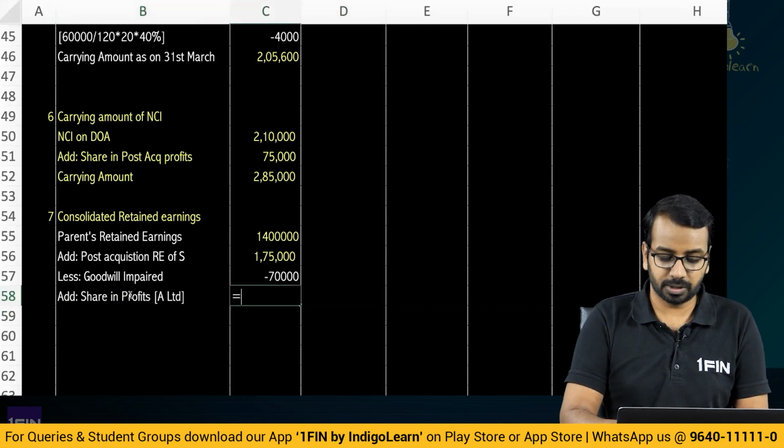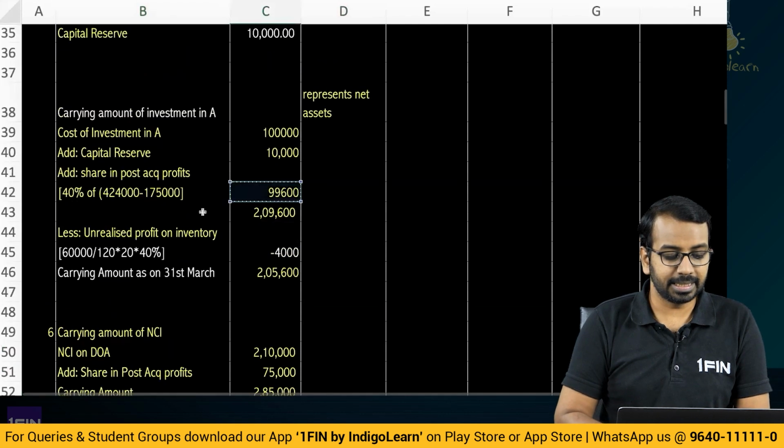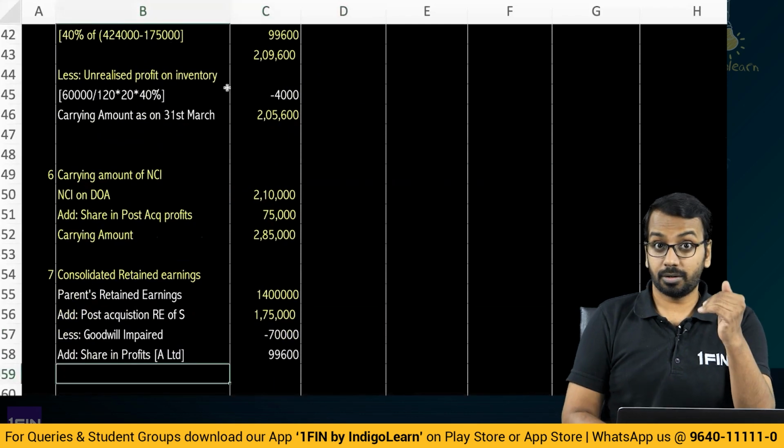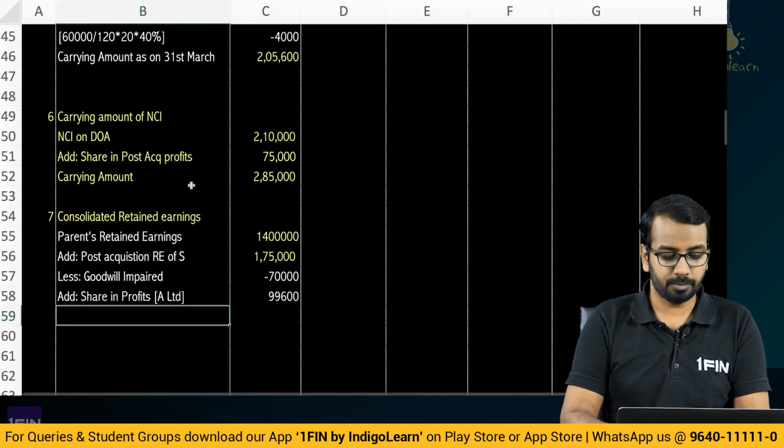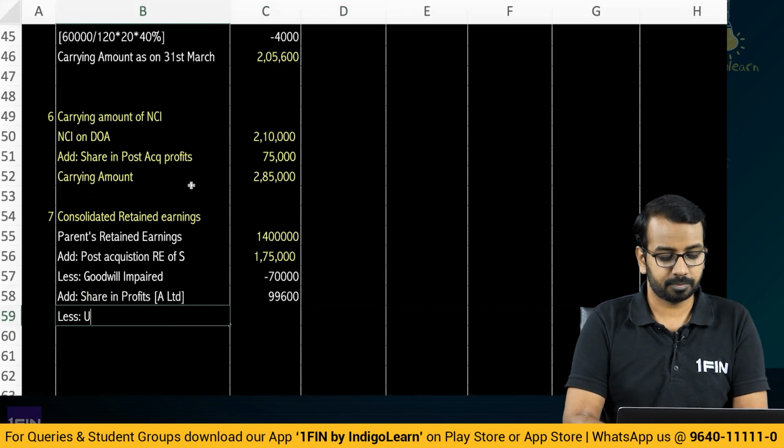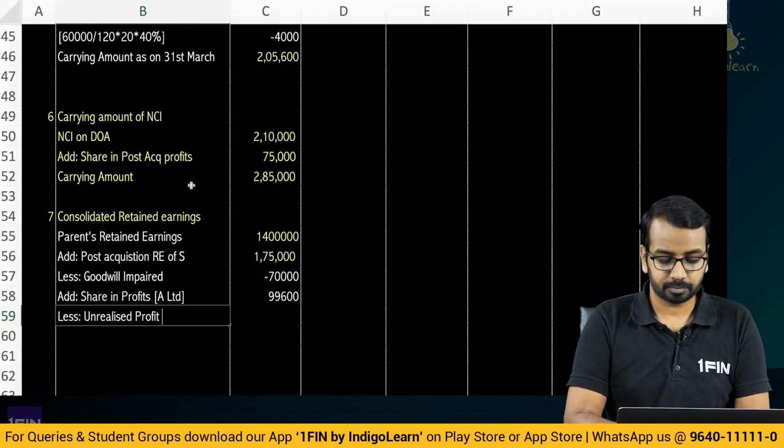So this is 99,600, right. Then there is unrealized profit on inventory which we have to reduce. So unrealized profit on inventory, that is 4,000, which we will be reducing.